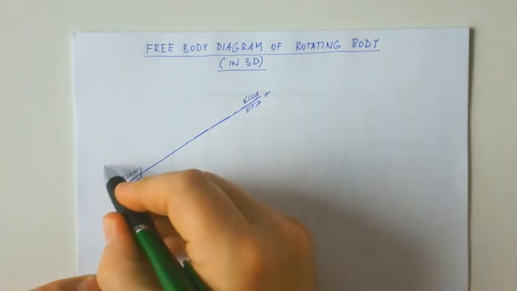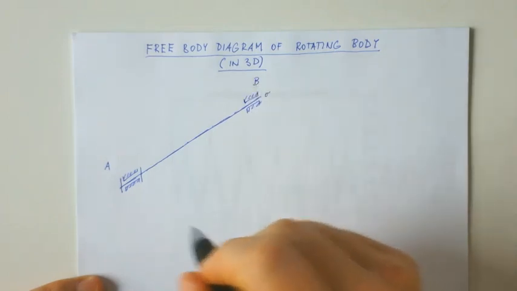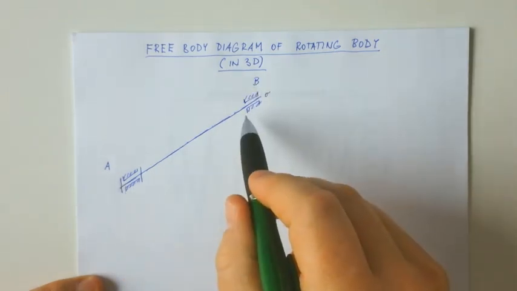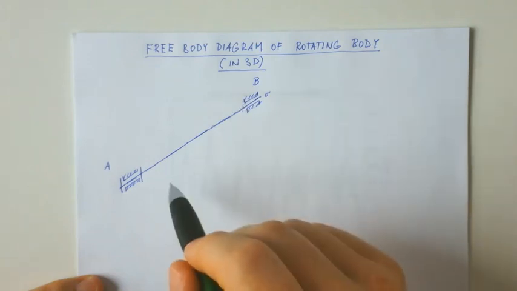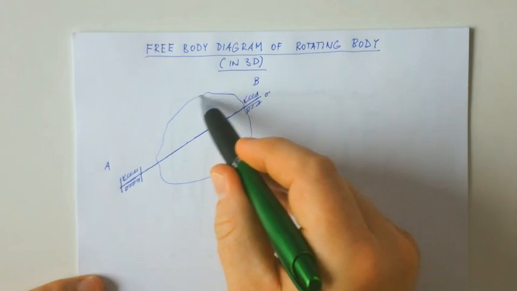Okay, so let's denote them A and B. We have two rotational joints. There is a body on this rod.